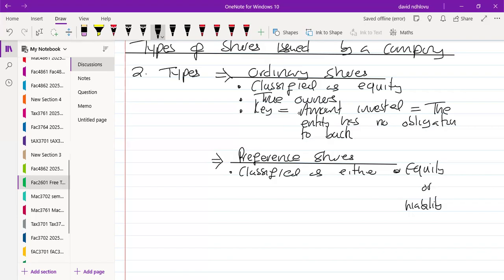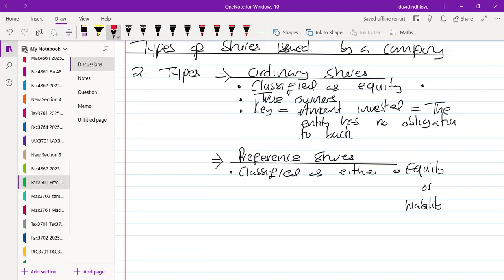So the key with borrowed funds is that you have to pay them back at some point. If you have borrowed money, normally it comes with a repayment debt. So that particular amount is a liability because you are owing as an entity, you have to pay back. Now, that is not the same with equity. These funds, as an entity, you don't have to pay back because they come from the owner of the business.